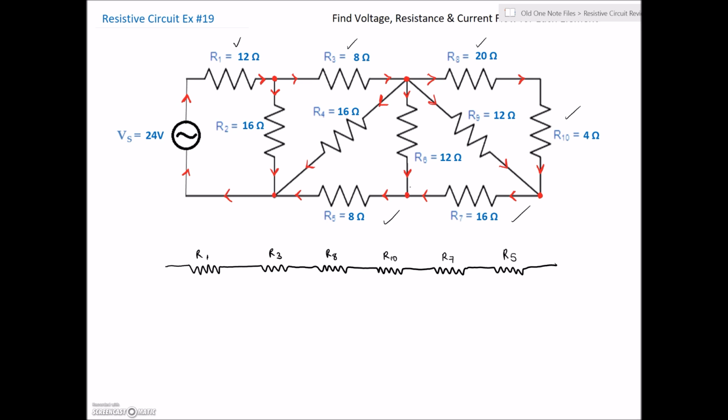Now, maybe we'll start off with R2, because if we go from R1 through R2, we can get right back to the source. So I'm just going to arbitrarily drop in R2. Let's drop it in down here a little bit.